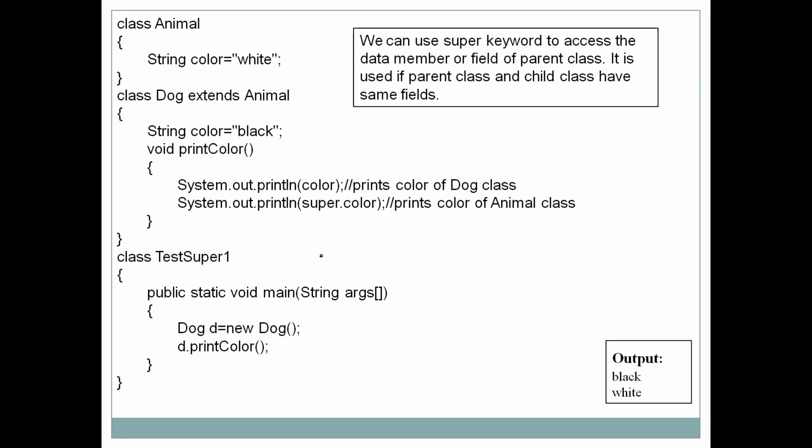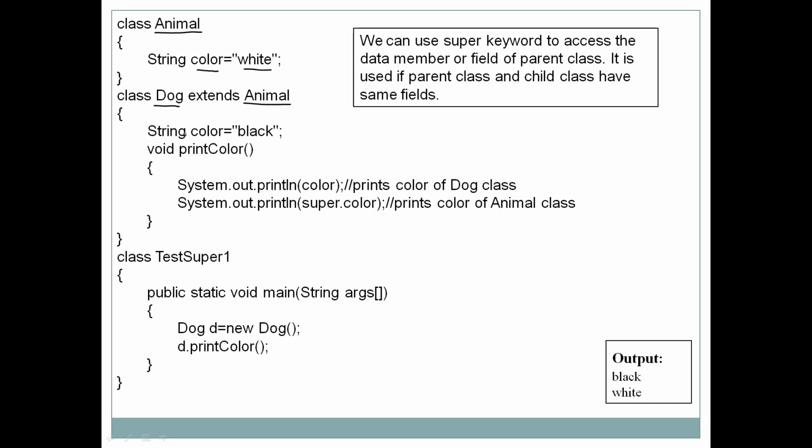Okay, look at this example. We have a class Animal with one variable. You can see the variable is color, having value white. Then one more class we have, class Dog, and this extends the Animal class, which means class Dog inherits Animal.